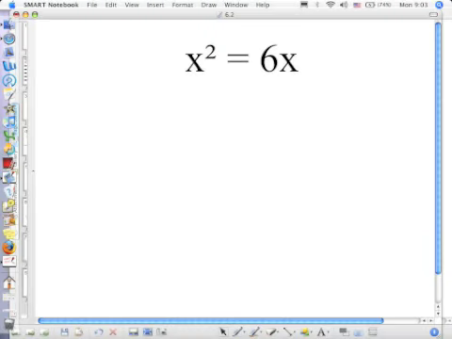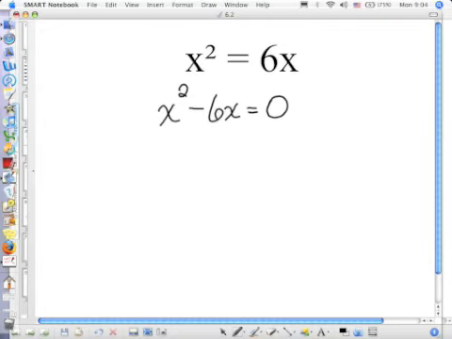So step 1, set everything equal to 0. Let's do that. Bringing 6x over to the left-hand side by subtracting it, this is what you get. Step 2, factor. You don't want a squared term in here. You want everything to just be x's. So you're going to factor in whichever way you can.